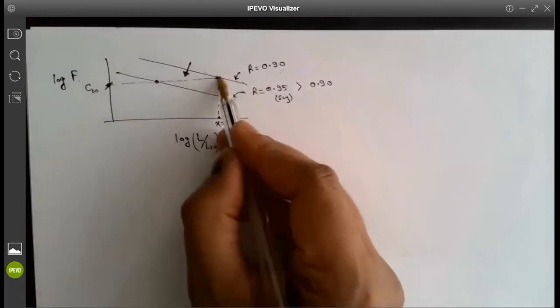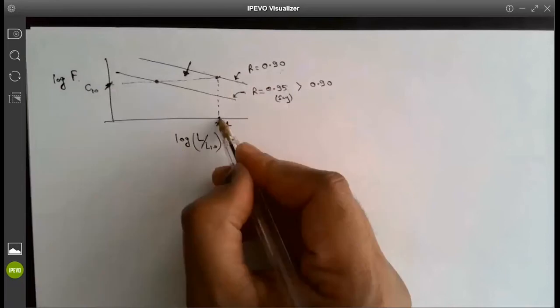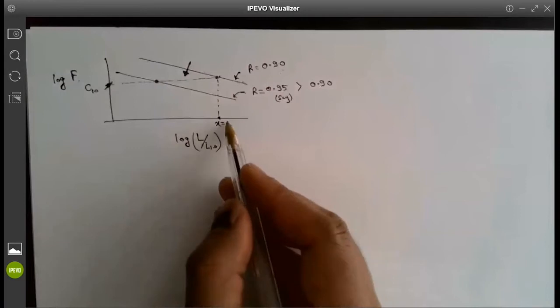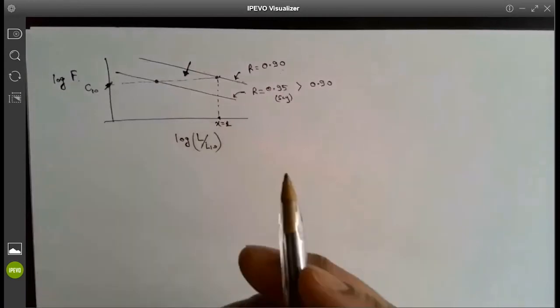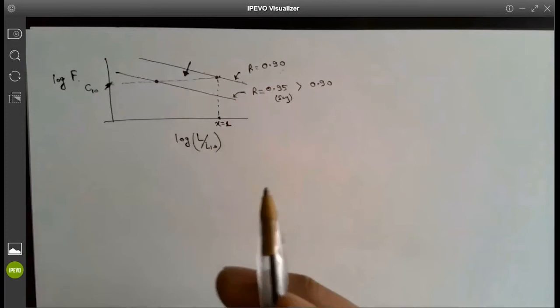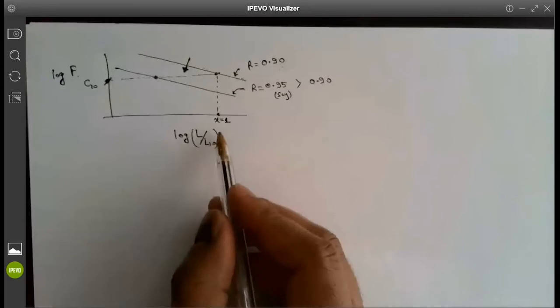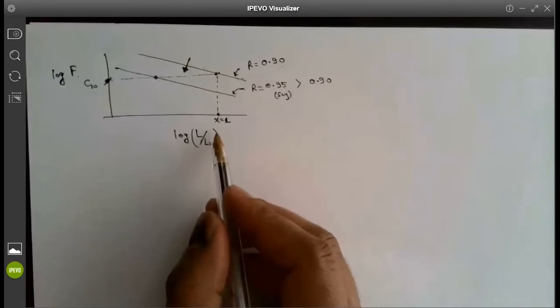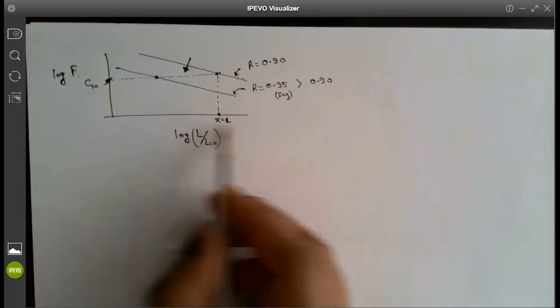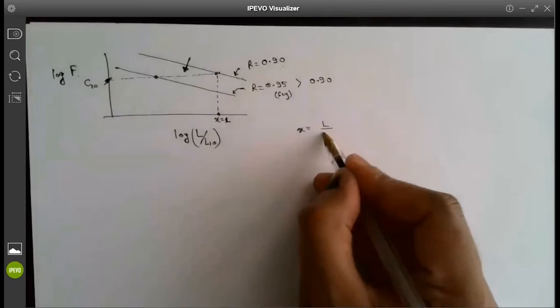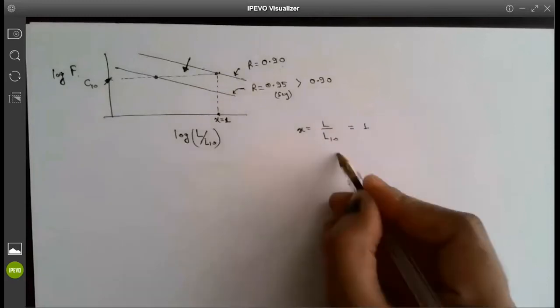For 90% reliability at C10 load, whatever you are going to get is L10. So basically this is X equals 1, isn't it? Everybody is following so far? This axis is the logarithm of X, and X equals 1 means L over L10 equals 1. So when I say X equals 1, L is equal to L10.